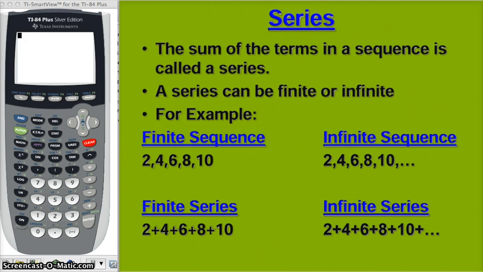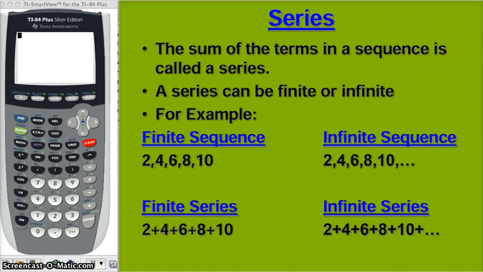So if you look here, a finite sequence, notice the terms are separated by commas, and notice there's an ending, whereas an infinite sequence, notice at the end you have the dot dot dot. So that's a giveaway that it's infinite versus finite, if you have the dot dot dot at the end, or if you have an ending number.